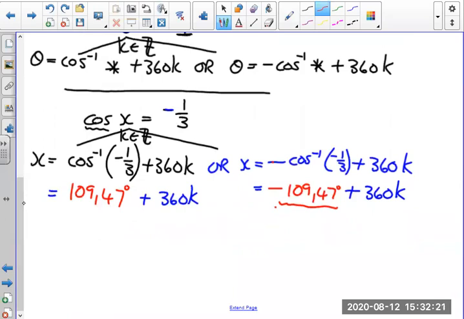If you add 1 times 360, 2 times 360, minus 1 times 360, you will get all the possible answers. Now, if you take this minus 109.47 and you add 360, what are you going to get? 250.53 plus 360k. And there you have the same answers again.